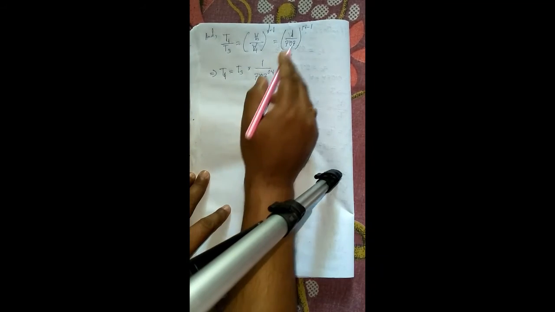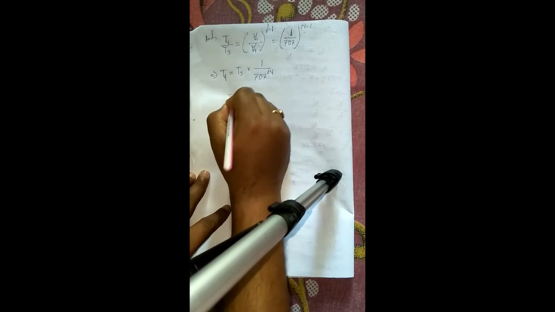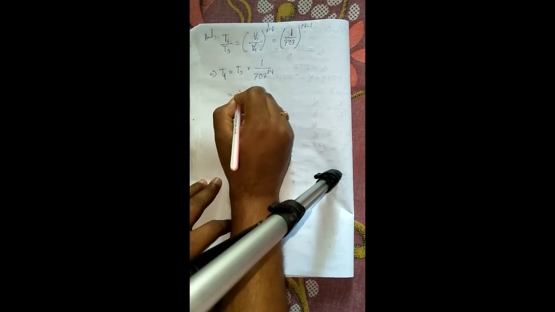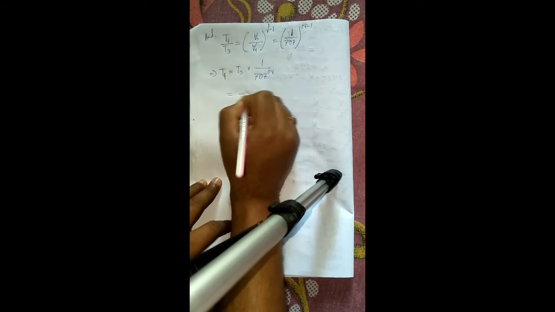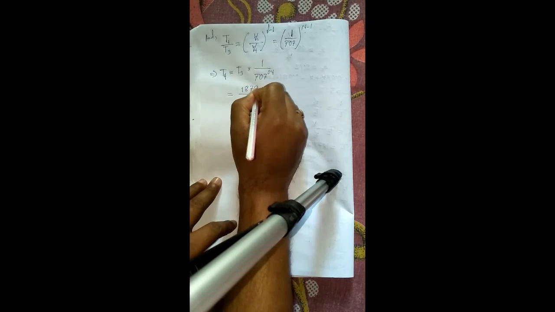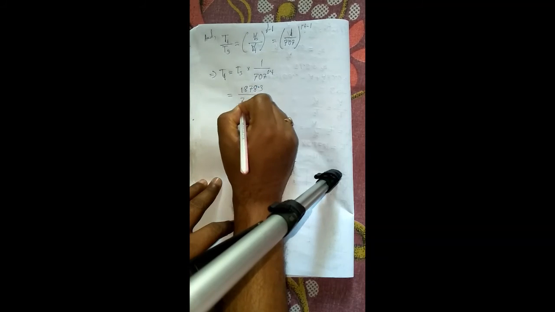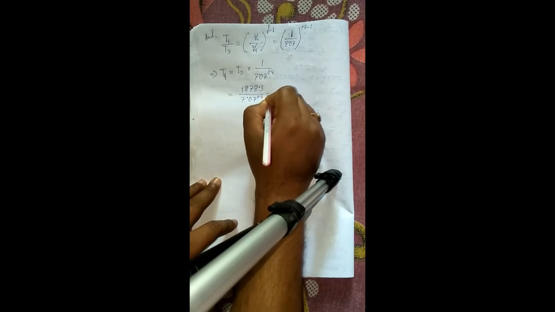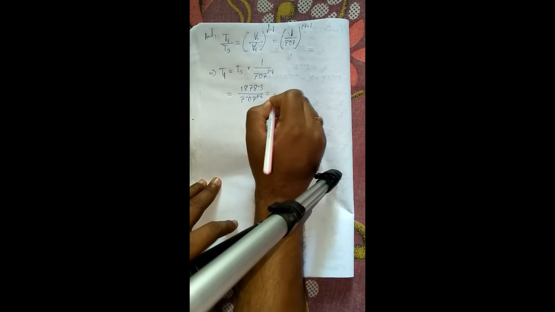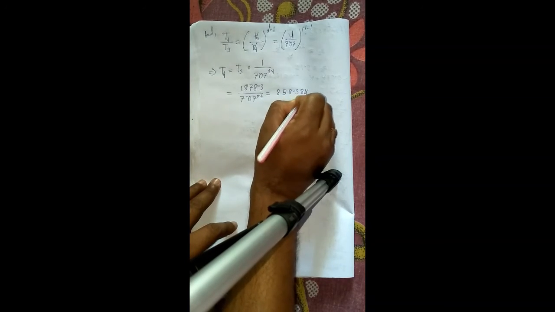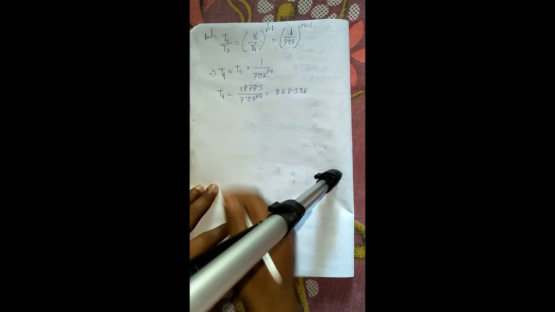T3 value is 1878.3 by 7.07 to the power 0.4, and the value of T4 is 858.38 Kelvin. This is the value of T4.